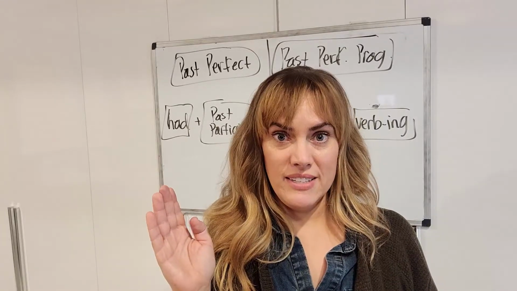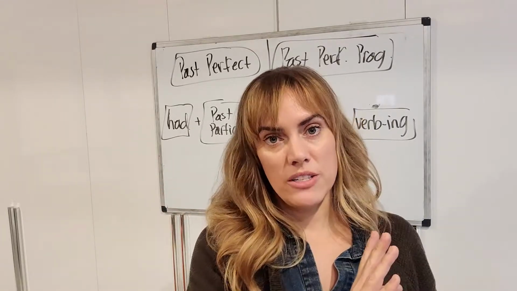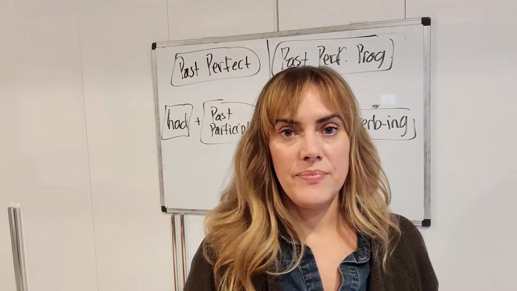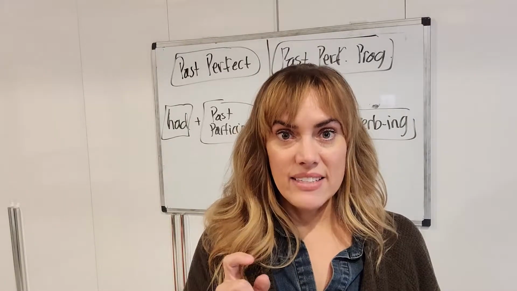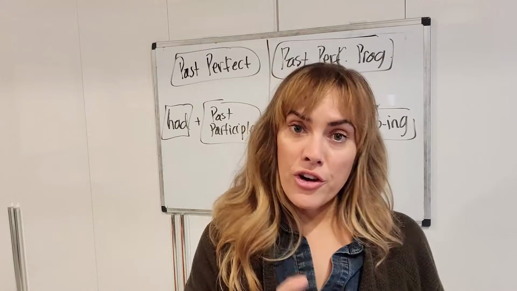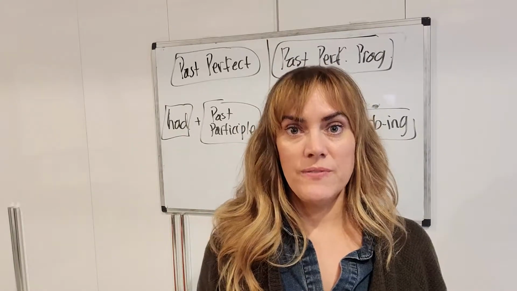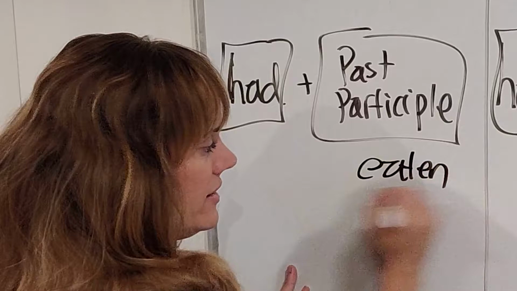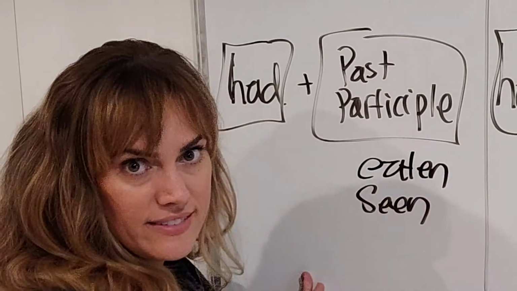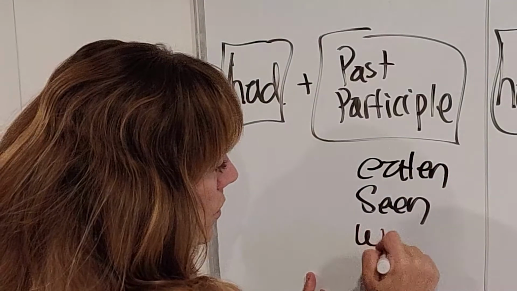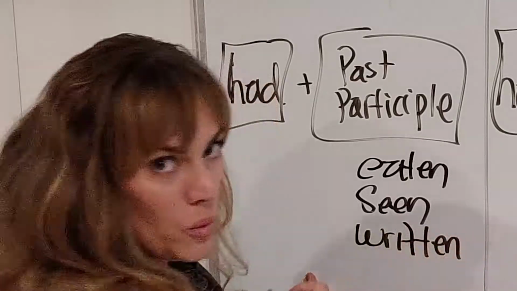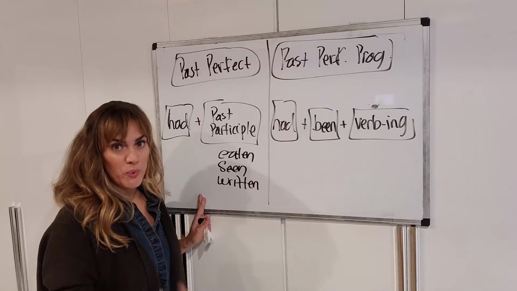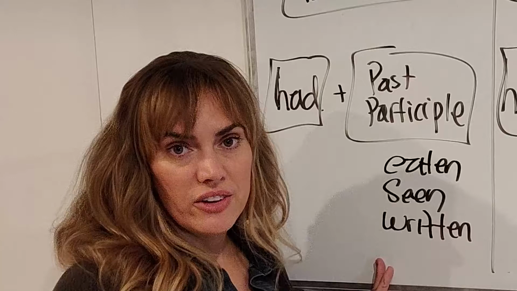Simple present, simple past, past participle. See, saw, seen. Eat, ate, eaten. The third one is the past participle. Eaten, seen, written, write, wrote, written. And sometimes they're regular as well.